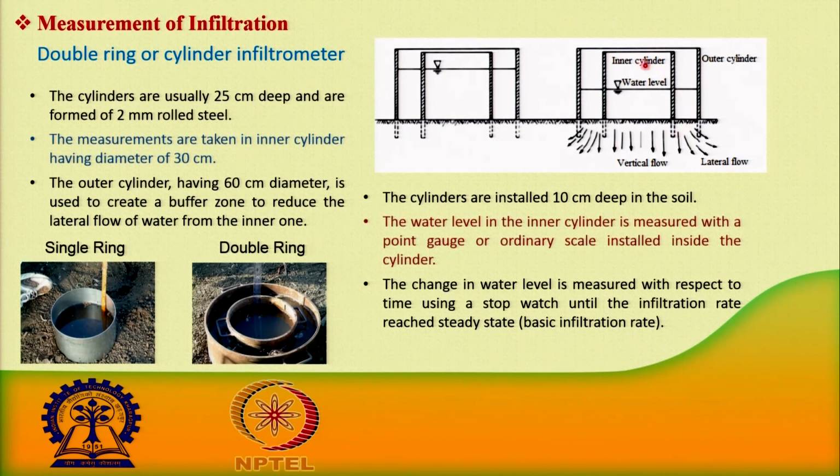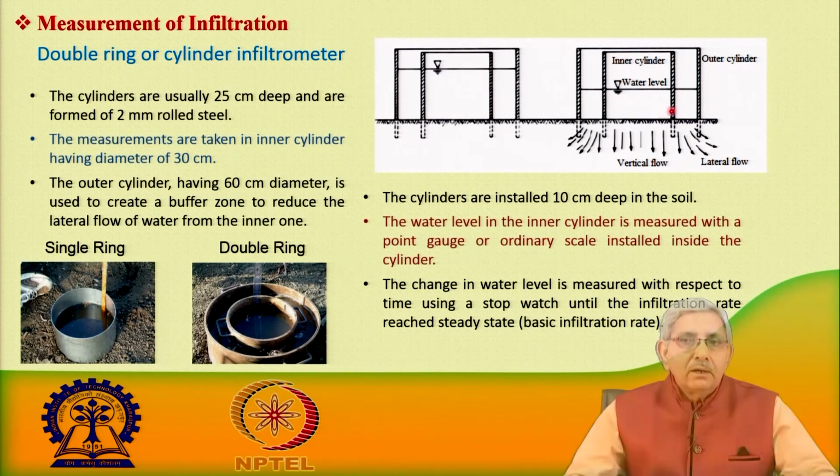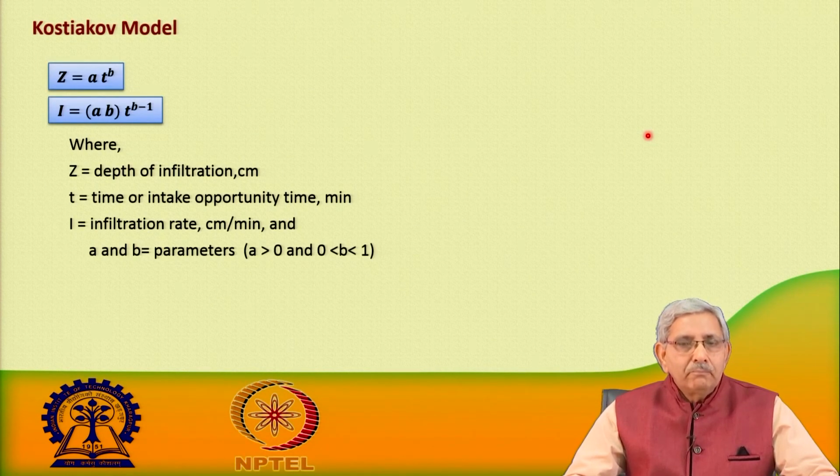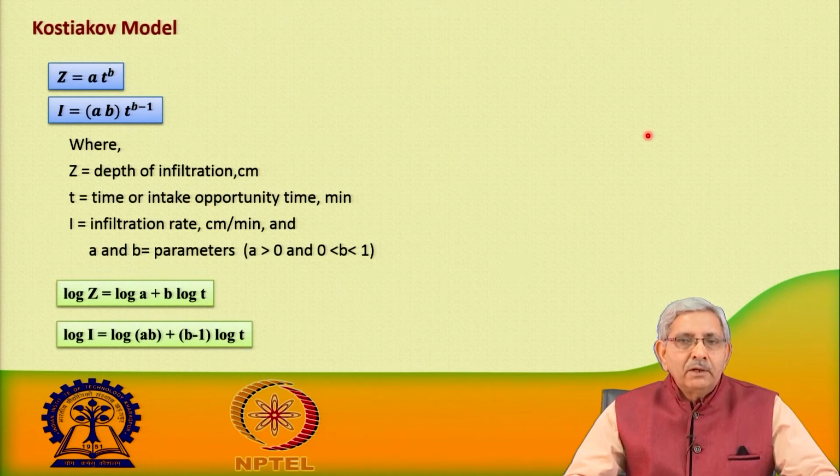The water level fall in the inner cylinder is measured by using a scale or gauge. It could be a point gauge or a hook gauge, and the cumulative depth of infiltration with time is monitored and plotted.